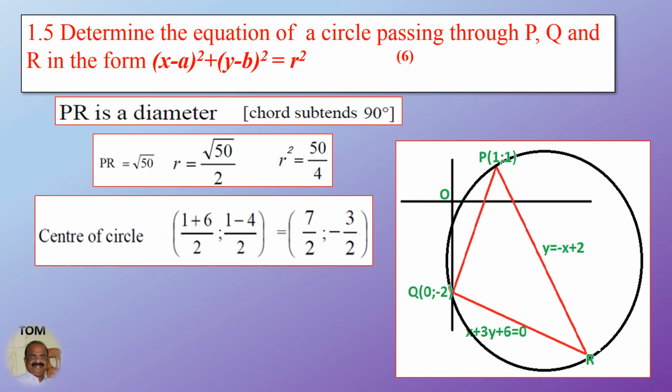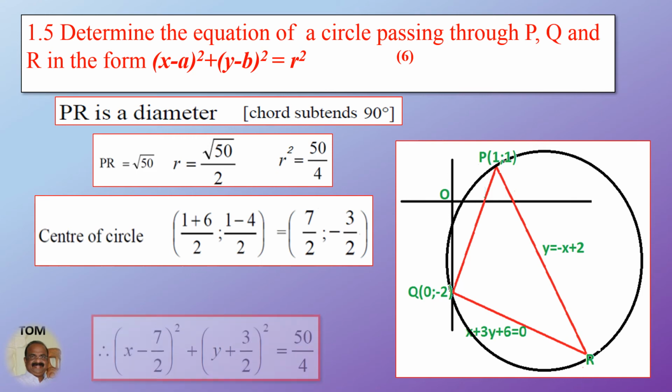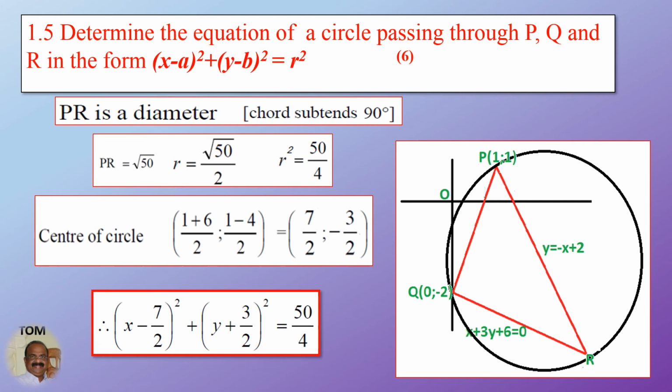Now we use this center and r square to write down the equation of the circle, that is (x minus 7 over 2) square plus (y plus 3 over 2) whole square equal to 50 over 4. That is the equation of the circle with center (a, b) and radius r. So you can have the equation there.